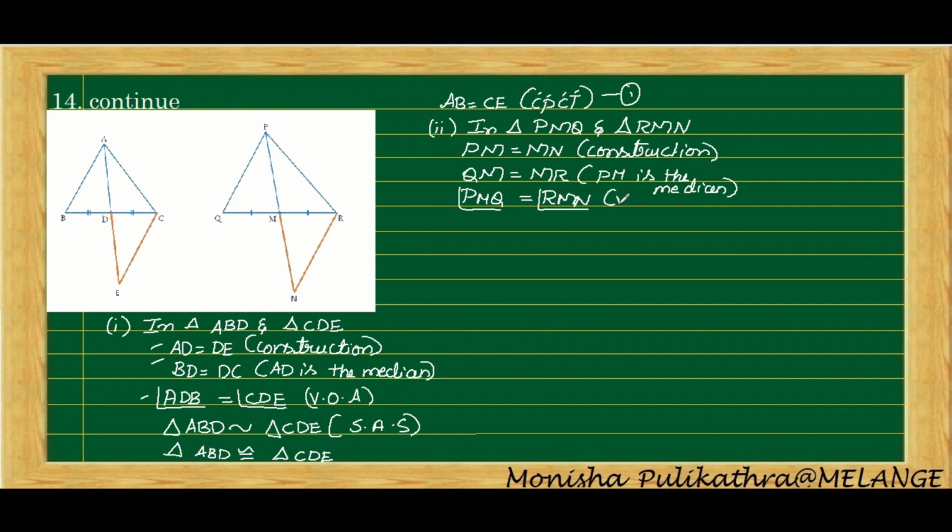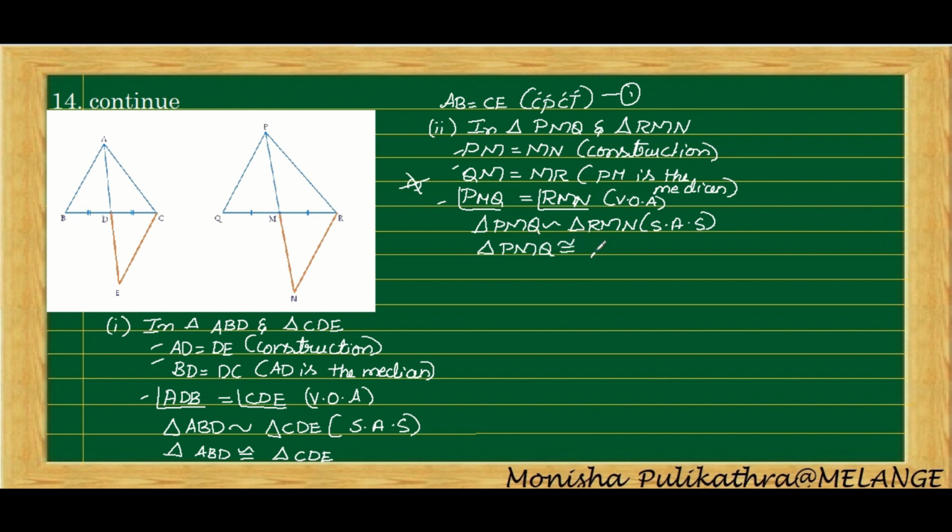Why? Because they are vertically opposite angles, where the two triangles meet at this point. So two sides and one angle are equal, which means triangle PMQ is congruent to triangle RMN by the SAS criterion.